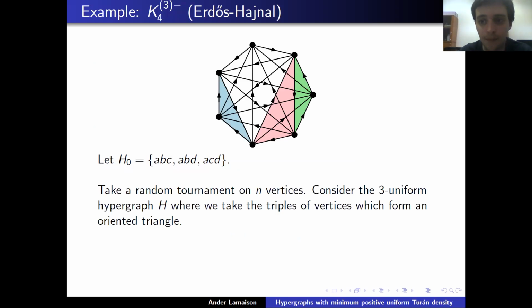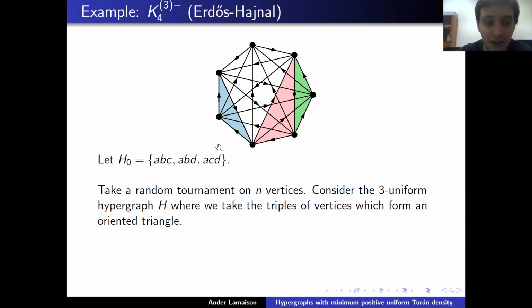We take a uniformly random tournament, so the complete 2 uniform graph, and we randomly orient the edges. And for every triple of vertices, we place an edge in our hypergraph if what we see there is an oriented triangle. So you can see here 3 of the edges that we will place into our hypergraph.